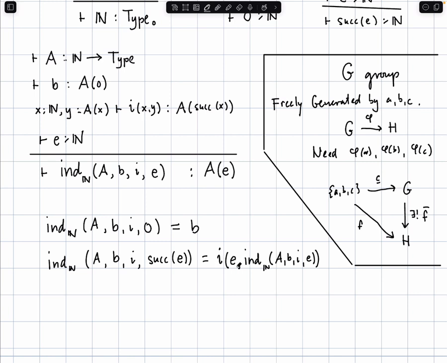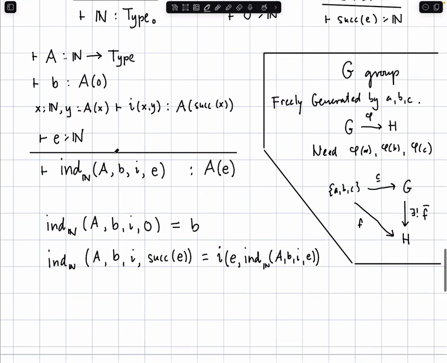But this is also read as the induction principle. If you think of A as a logical statement, so instead of N, this could be actually any universe here. So if we mapped into Prop, then A would be a logical statement about natural numbers, and this would literally be induction. It literally is induction.